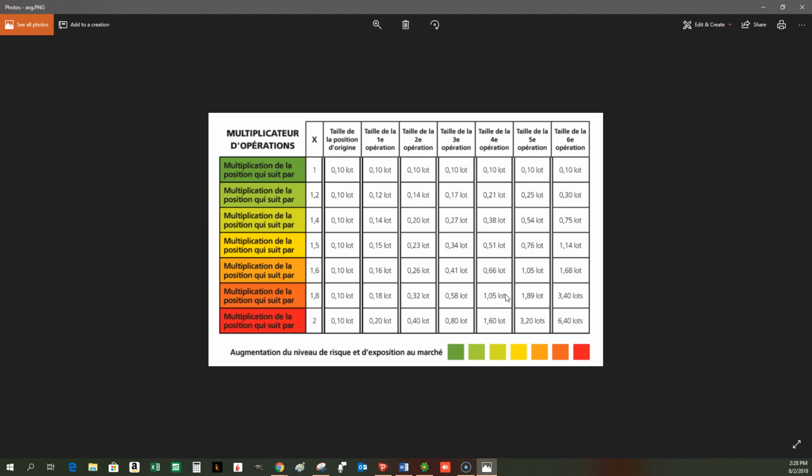So let's see what's going on, and if we can take a trade and place probably a coefficient, if we take one lot.